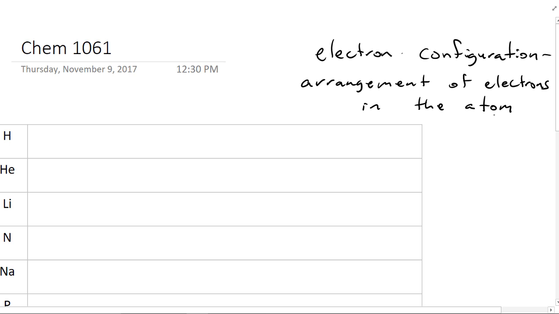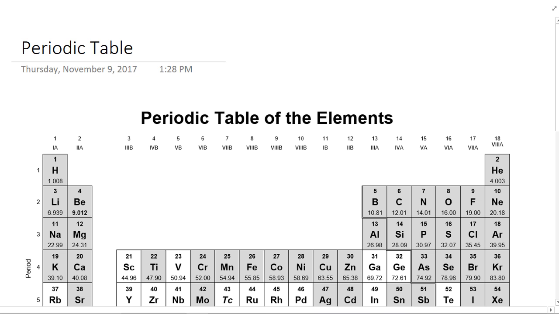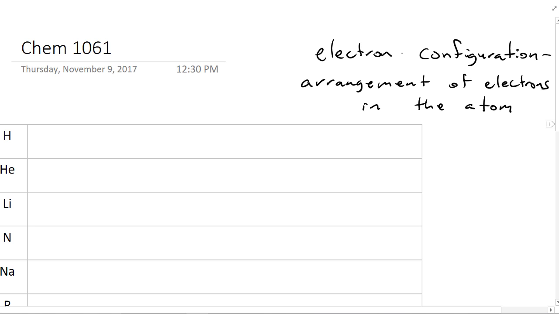And now what's going to be helpful for you is if you have your periodic table out and handy. And we want to show how those electrons are arranged.